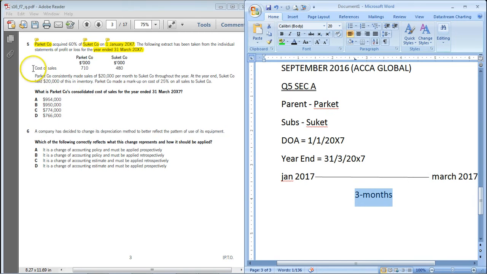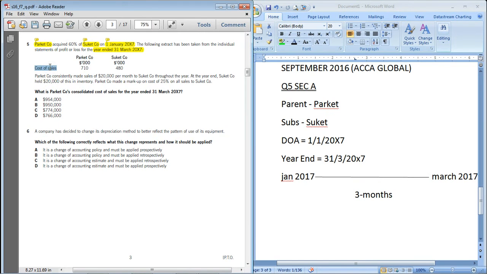Now the question focuses on cost of sales only. So you are focusing on the effect on the cost of sales because the question requires you to consolidate cost of sales. Okay, now this amount extract has been taken from the statement of profit and loss. Remember, whatever statement, either profit and loss or statement of financial position, it is 1 year.